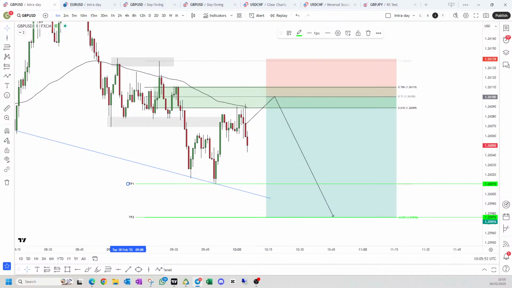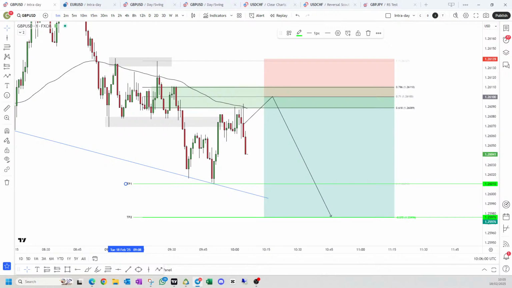See if this one comes back to tap the 71. So that is a nice rejection off the 61.8.